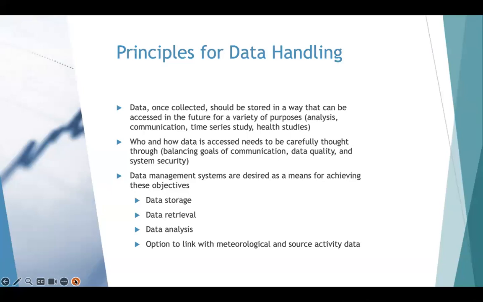Why and how data is accessed needs to be carefully thought through, balancing goals of communication, data quality, and security. What do you think? Sometimes, for example, this is a scenario you may not be much familiar with. Let's consider a university student system, the student system in the university database. Do you have access to everything? Do you have admin level access as students? No, right?